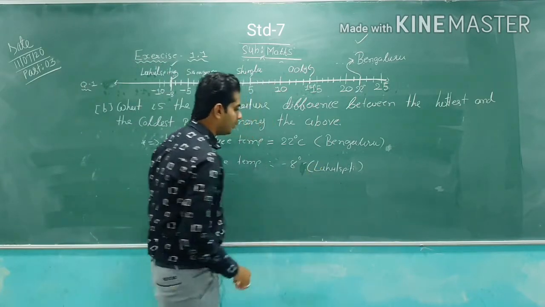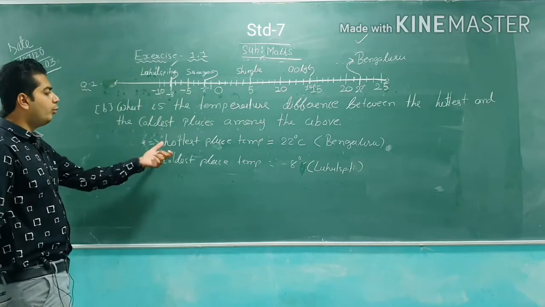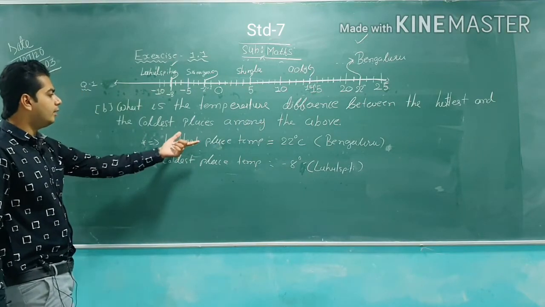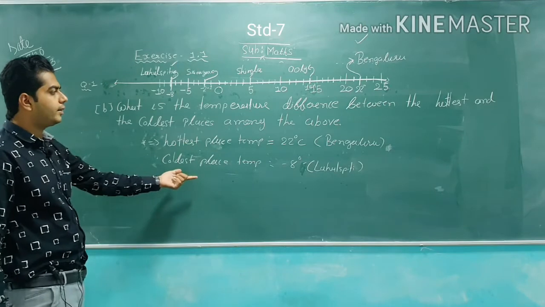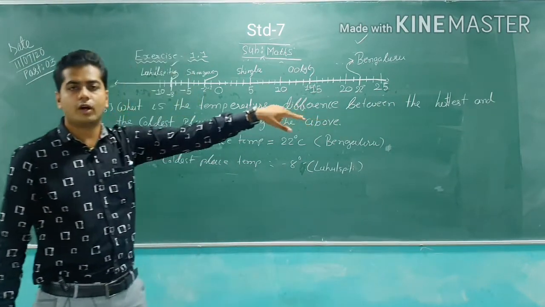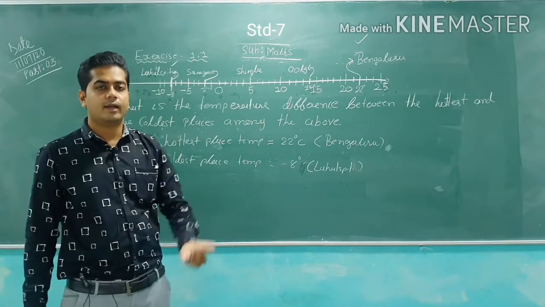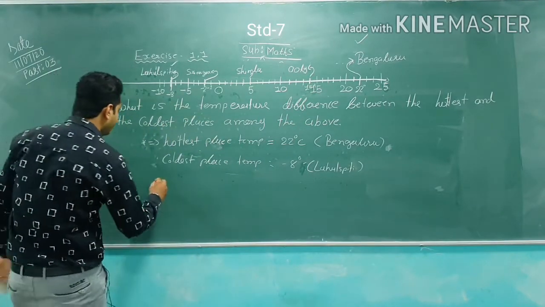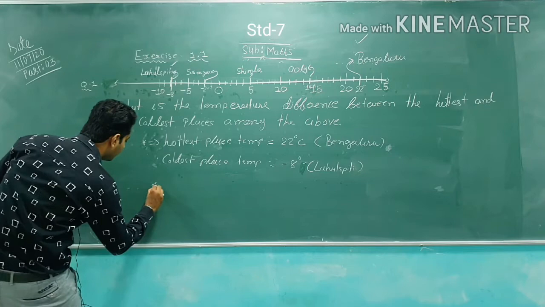degrees Celsius. So now we have both the hottest city and the coldest city. Now what we have to do? Temperature difference between them. Difference means what? Difference means subtraction. So let's do the subtraction between these two.